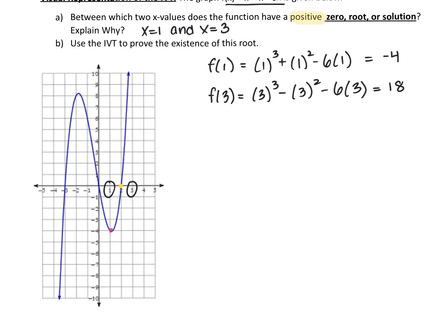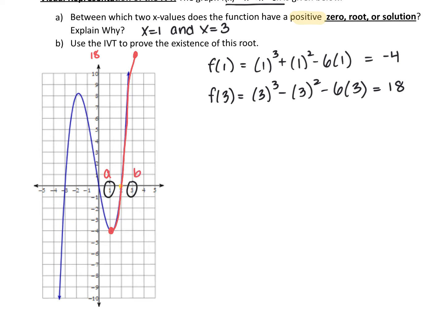So f of 1 we definitely see is -4. And I know this one is off the graph for 3, but that would be probably somewhere up here. Let's call this 18. So if this is your continuous function from here to here, right? Here's your interval over a to b.